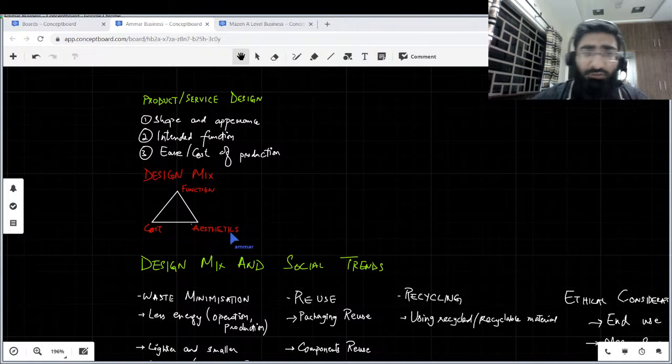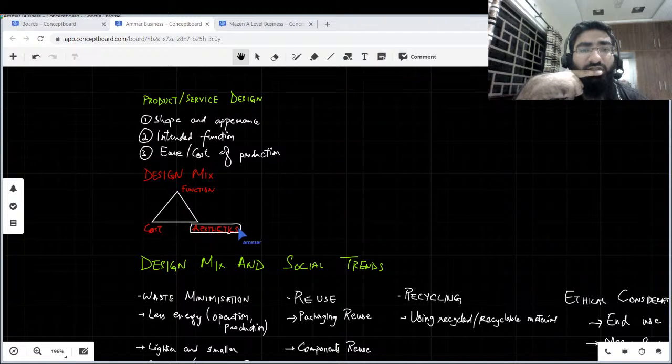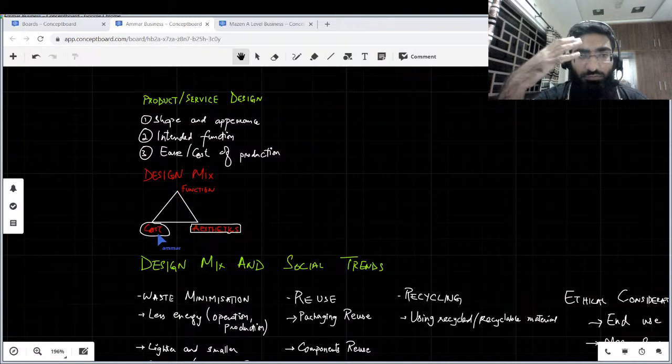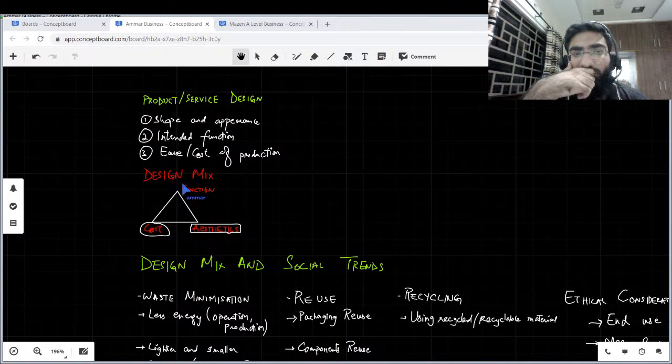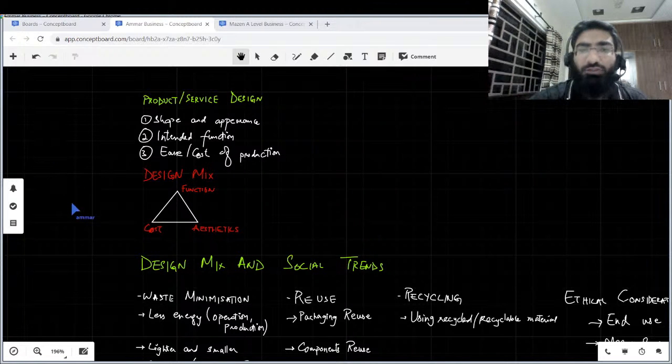But what's actually aesthetics? Other than a business, the aesthetics of a service is how the service is delivered, by whom, how trained the person delivering the service is, and what they keep in mind while delivering the service, those sort of things.